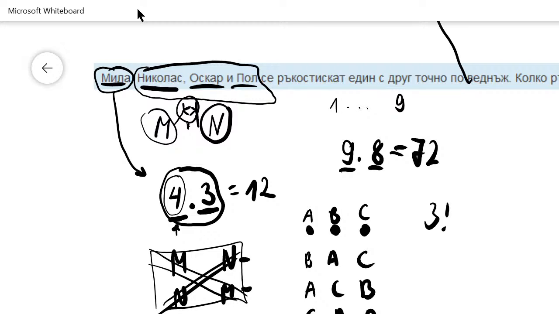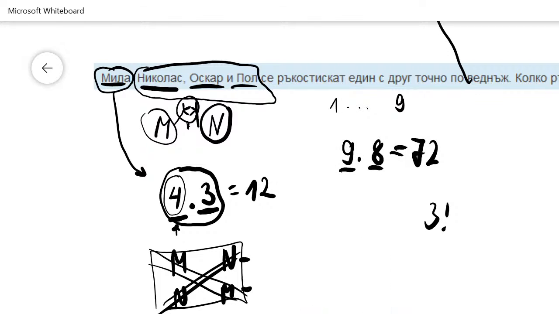So we have to divide it by 2 factorial. Let me just erase that because it's in the way. We have 12 over 2 factorial, which is equal to 6.